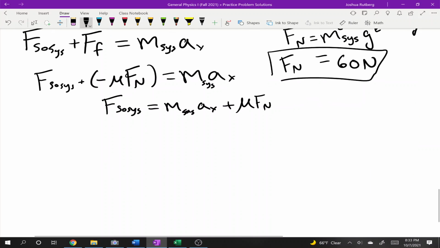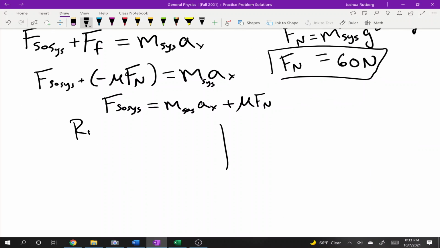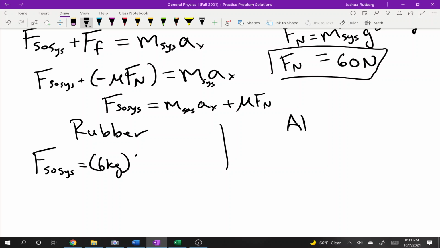So now I can split this for the rubber and for the aluminum. So the force the string has to exert on the system is equal to the mass of the system, which is 6 kilograms, times the acceleration for the rubber, which was 7 meters per second squared, plus the coefficient of friction.